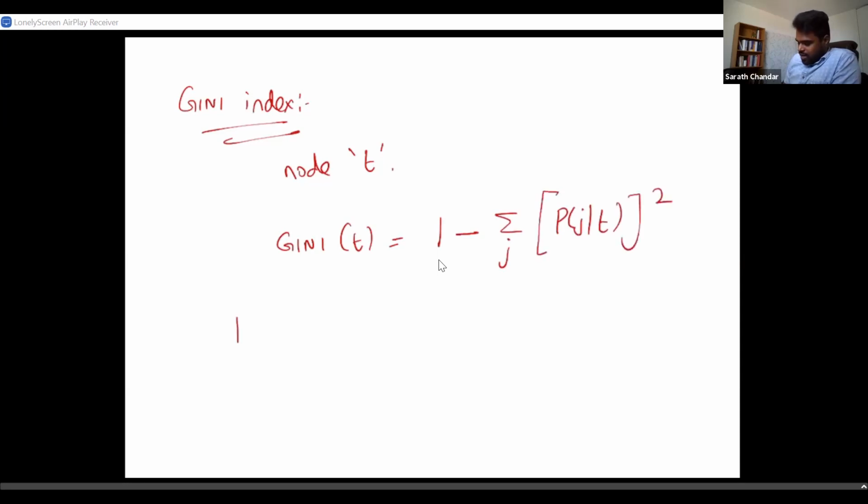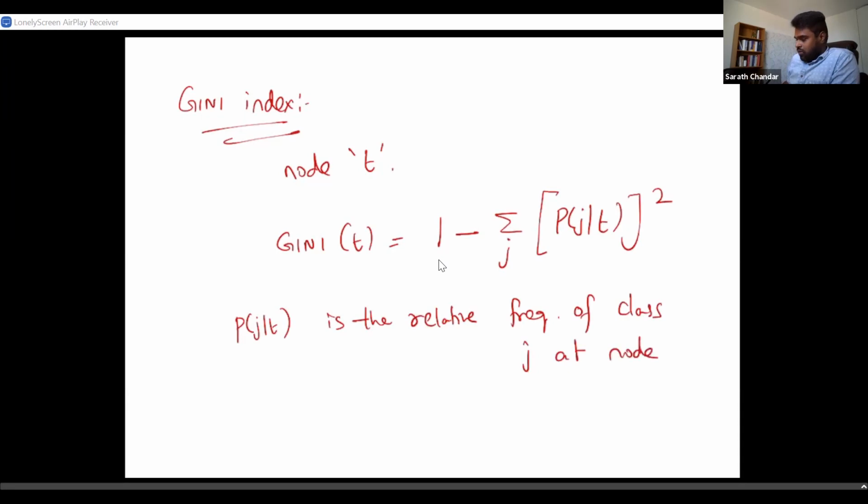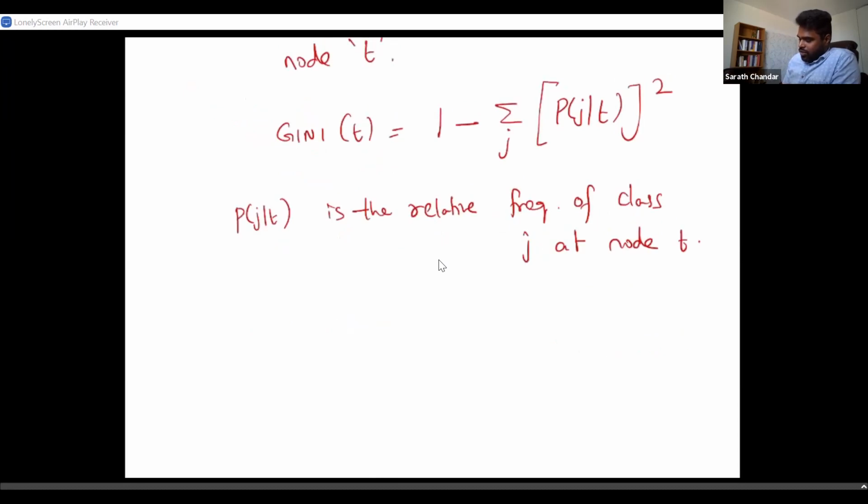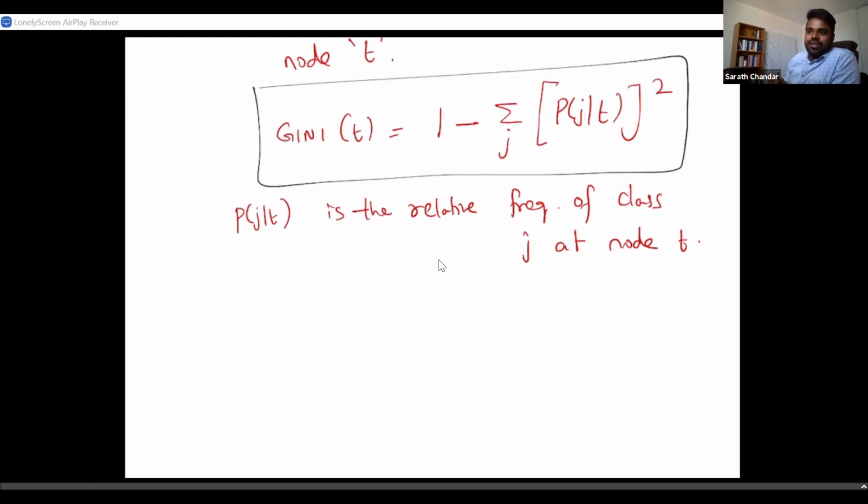Okay, where P of j given T is the relative frequency of class j at node T. Okay, so now this is the formula. Okay, it will be much easier if we do some examples. So let's do some examples.